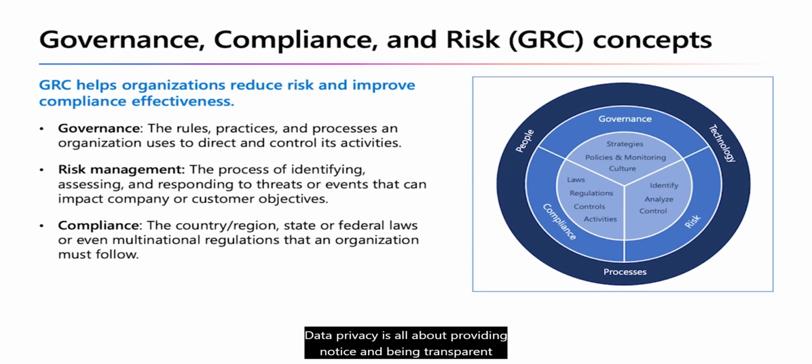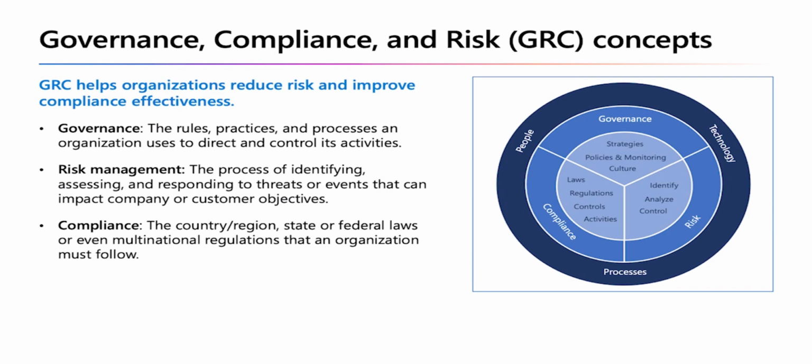Then, data privacy. Data privacy is all about providing notice and being transparent about the collection, processing, use, and sharing of personal data. These are fundamental principles of privacy laws and regulations. Personal data means any information relating to an identified or identifiable natural person.